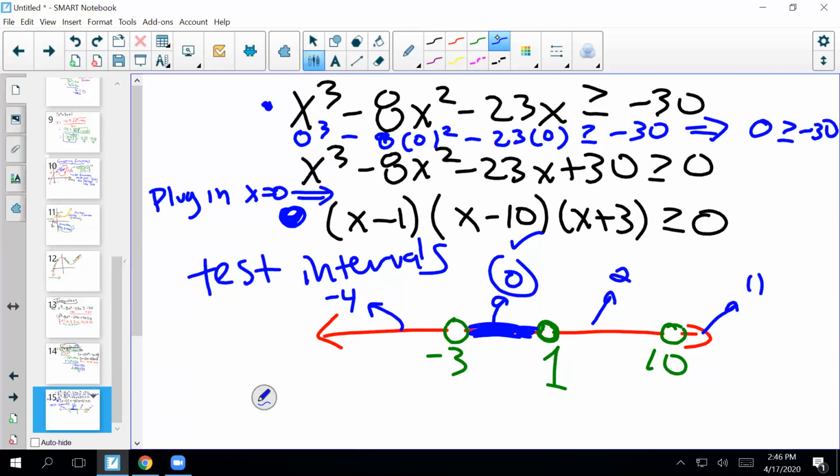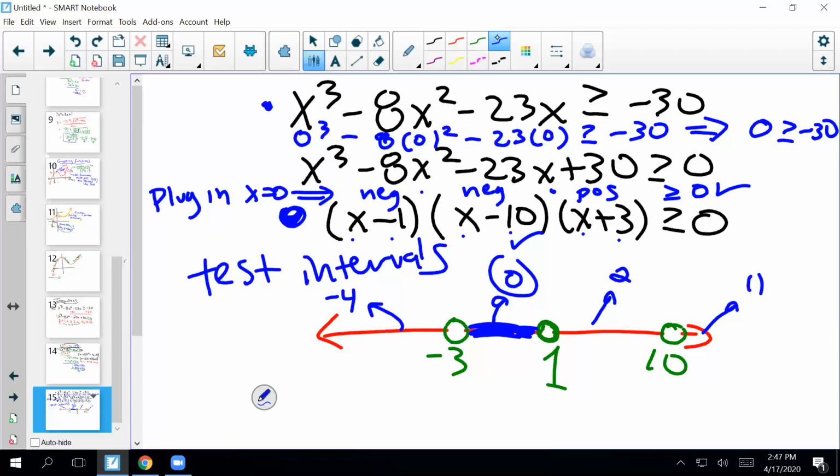I know 0 minus 1 is negative. I know 0 minus 10 is negative. I know 0 plus 3 is positive. So I can quickly see that a negative times a negative times a positive is positive, so I know this is going to be bigger than or equal to 0.